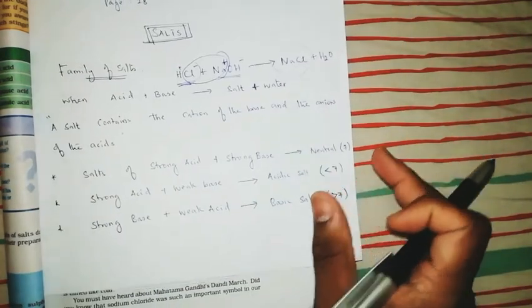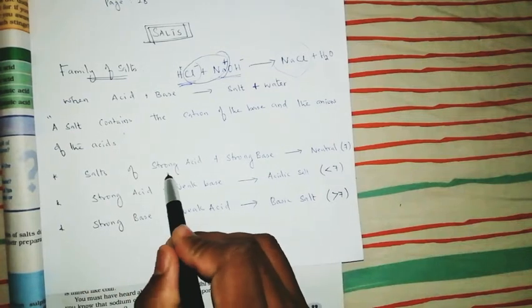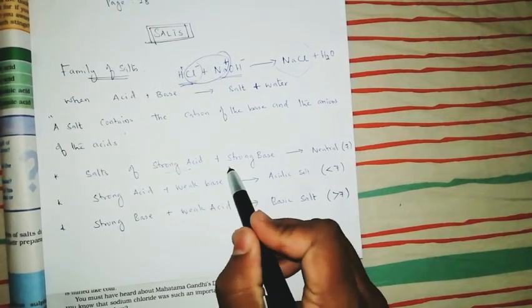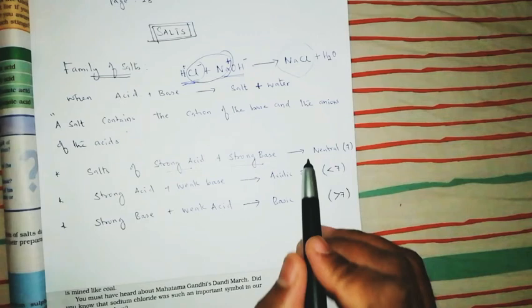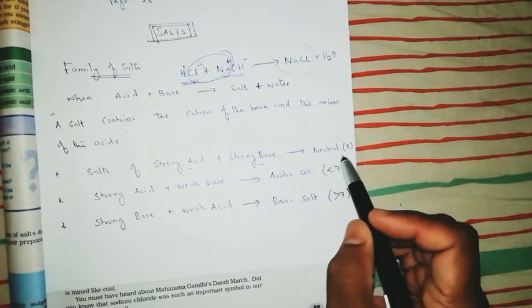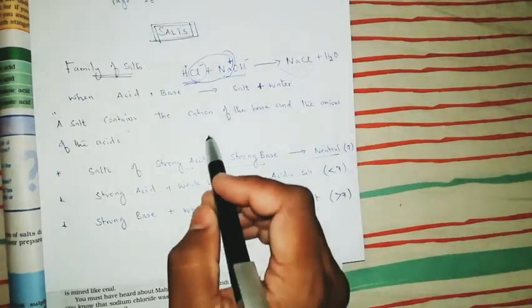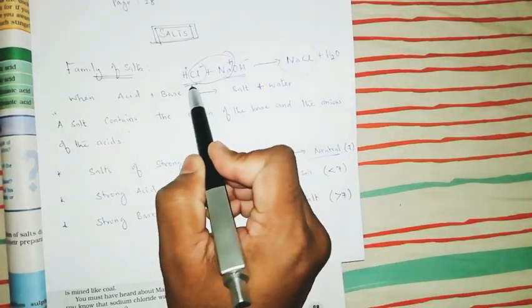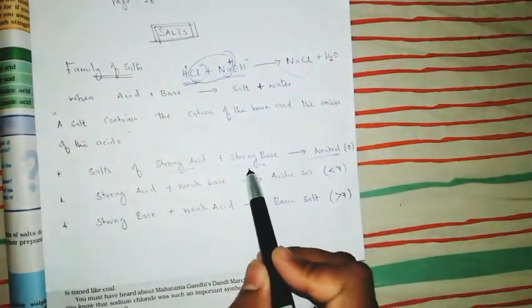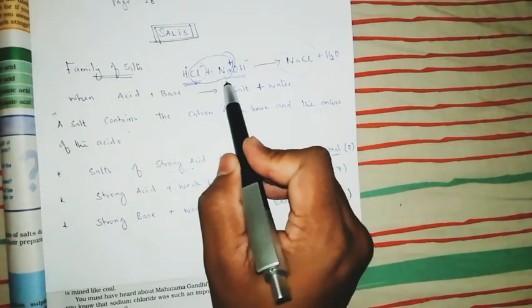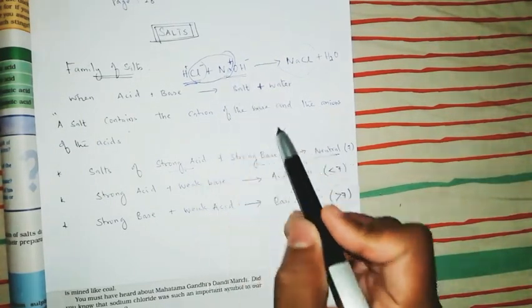Okay. Salts of a strong acid and a strong base always produce a neutral salt. If I take a strong acid, hydrochloric acid is a strong acid, and the strong base is sodium hydroxide. Sodium hydroxide is a strong base.